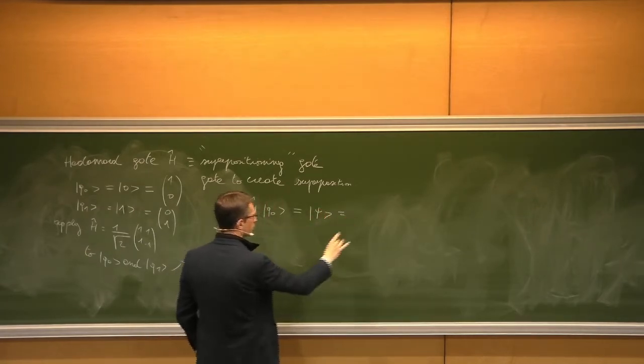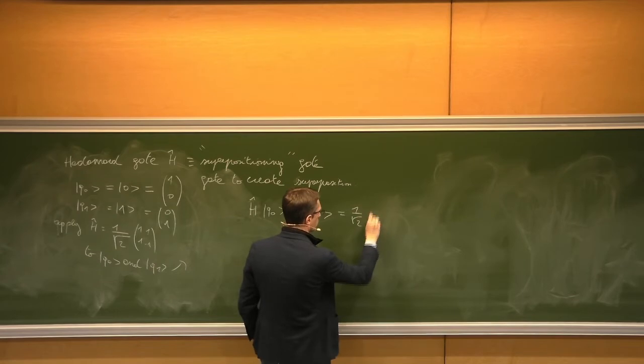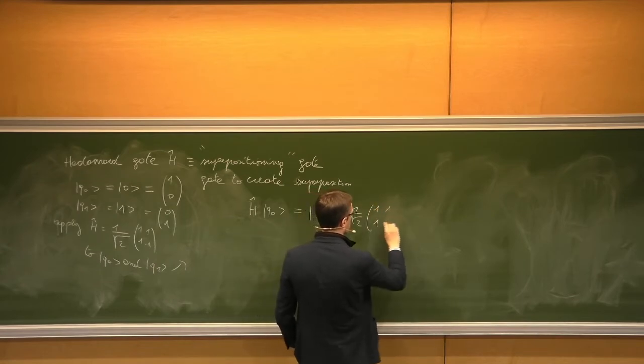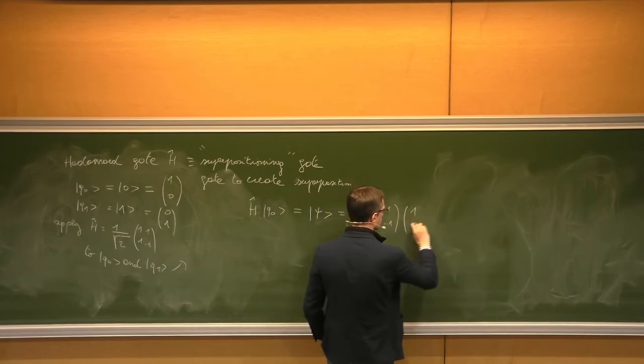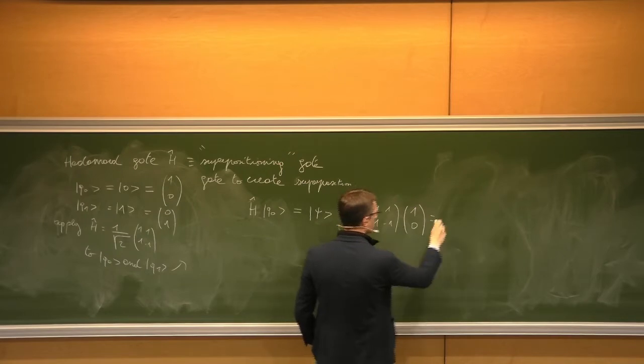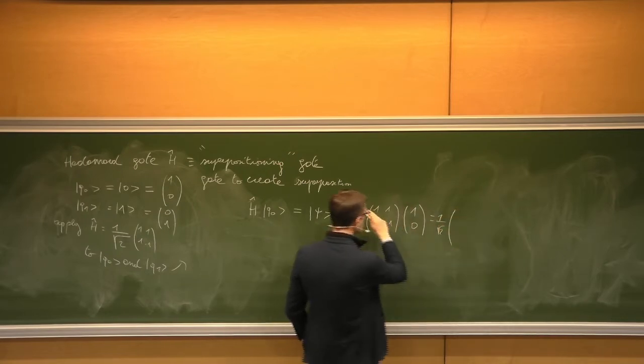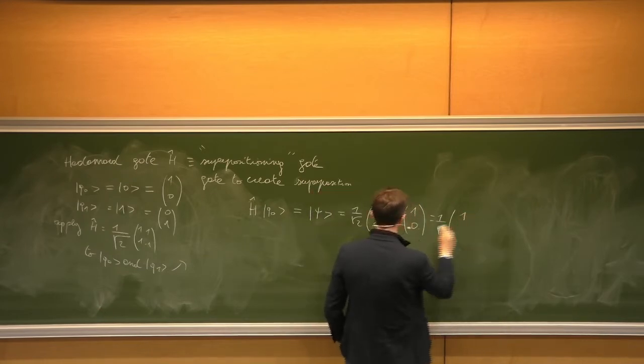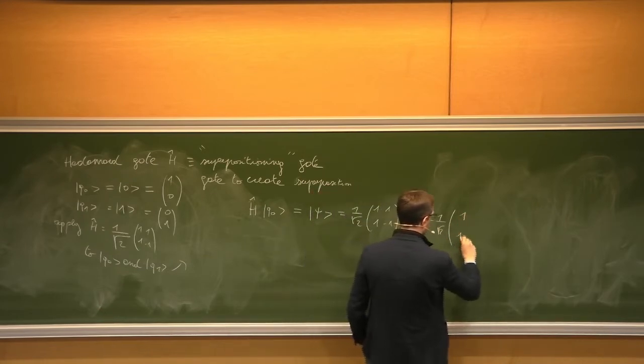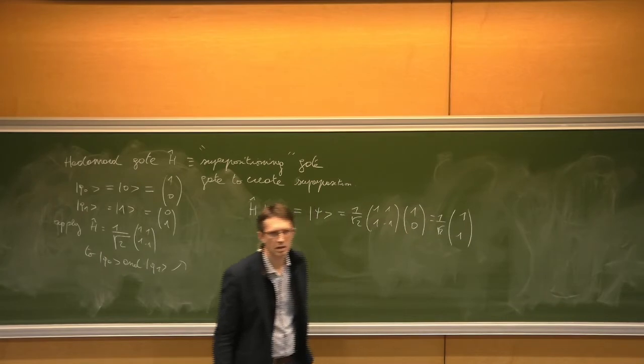And what is this going to be? So 1 over square root of 2, times (1, 1; 1, -1), applied to (1, 0). That's going to be 1 over square root of 2, and then I will have (1, 1). Okay?